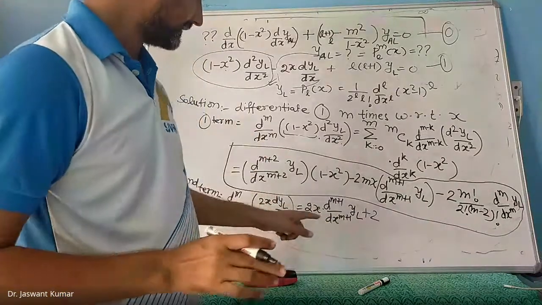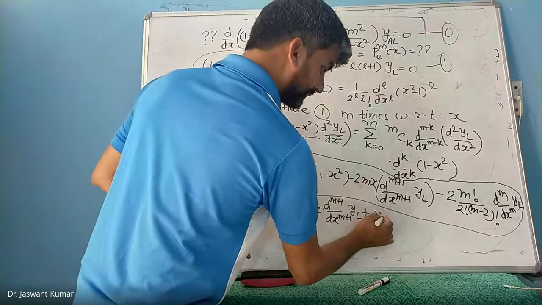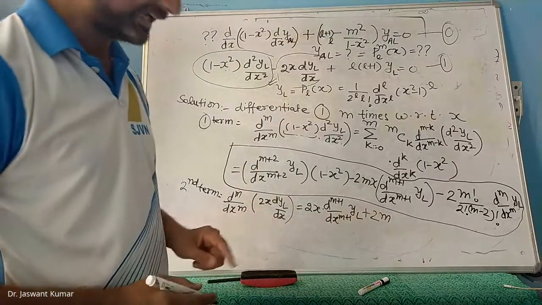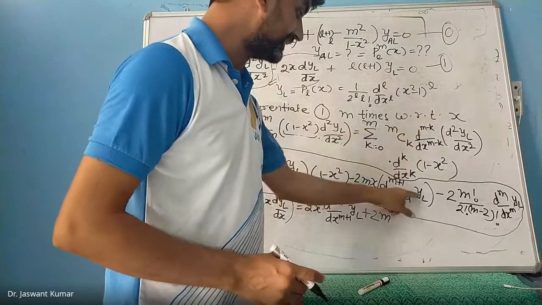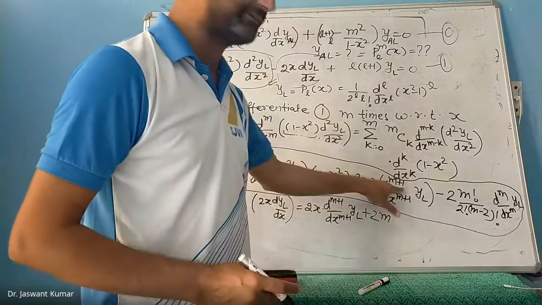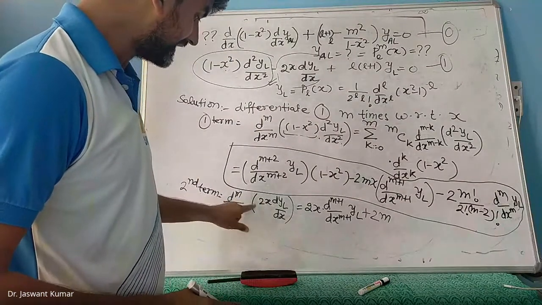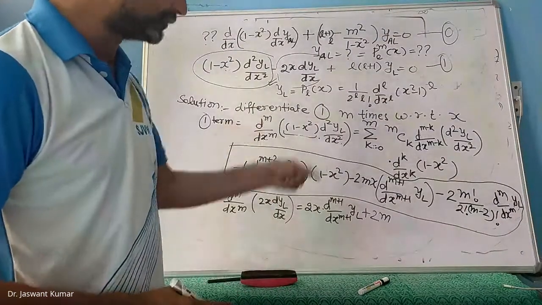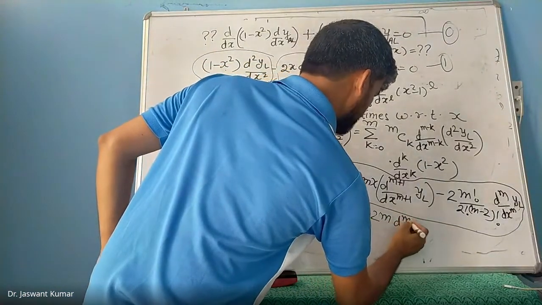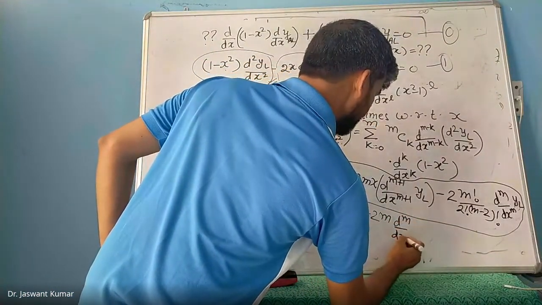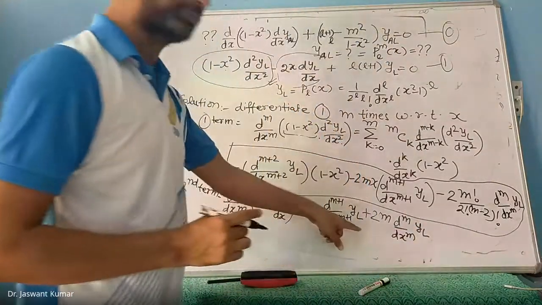Yes, and then there is this m. This m will also come over here. Okay, and then there is this m minus 1th derivative of the second derivative, which gave you m plus first derivative. Now this is m minus 1th derivative of this first derivative, which will give you the mth derivative. So this is dm by dxm of yl. Please tell me if there is some problem in this.